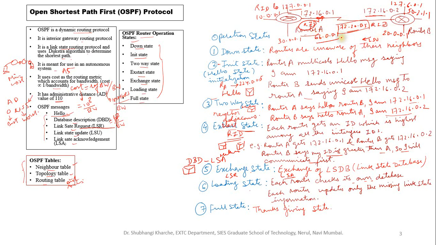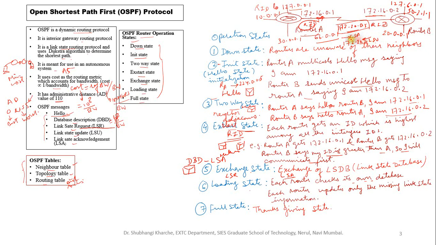Router A sends the link state request for 172.20.0.5, which is missing in its link state database, and in response to this, router B will send a link state update message saying that here you have the update for the missing route 172.20.0.5.